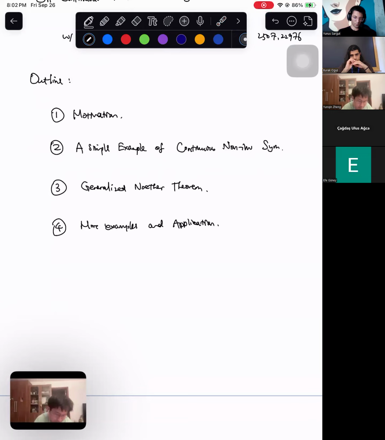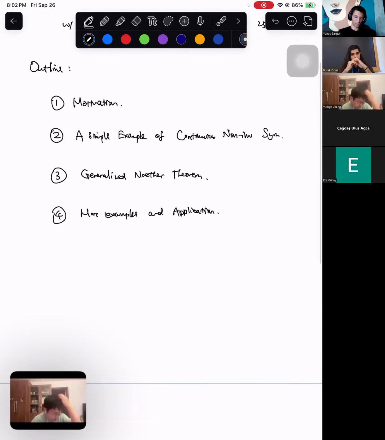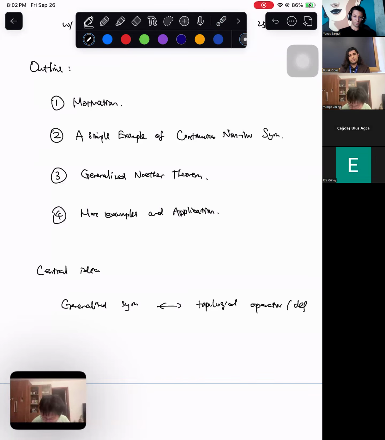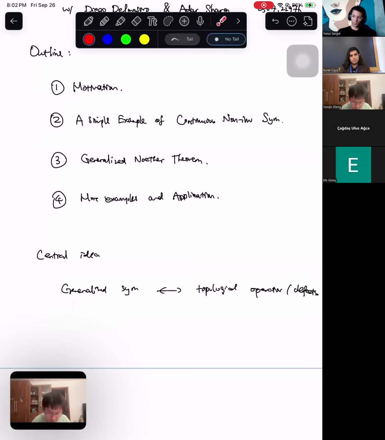So let me begin with the motivation. The central idea of the generalized symmetry, which developed in recent years, is that we should think of the generalized symmetry as the topological operators or topological defects. I'm not going to distinguish the operator versus defect because I'm not working on the lattice in this talk.